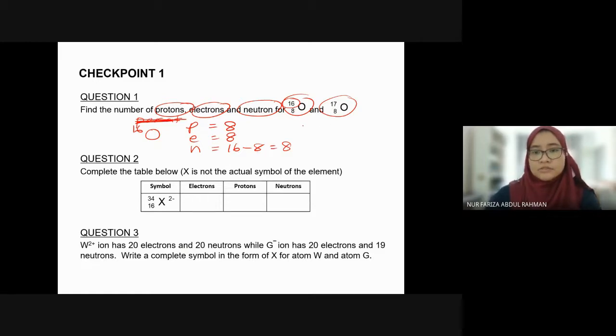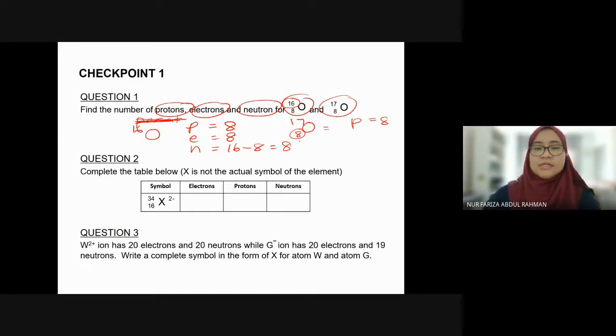Now let's do oxygen-17. The proton number is equal to 8. When we see the proton number, we automatically know that this element is oxygen.